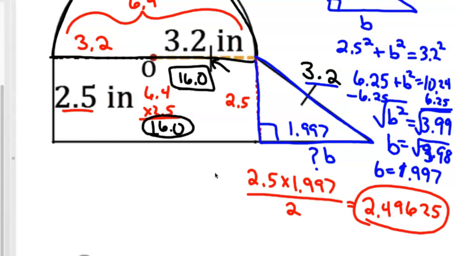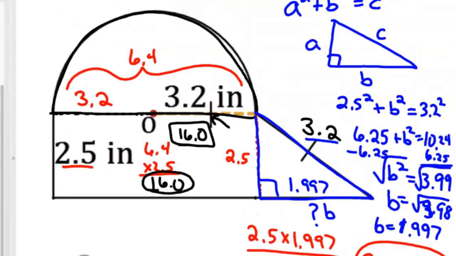The last area left, then, is the circle. So if you go in here, we've got to find the area of that half circle. Area of a circle is pi times your radius squared. And so our radius is 3.2. So the area of the circle is pi times 3.2 squared. And then you have to divide that by 2 because it's half of a circle.